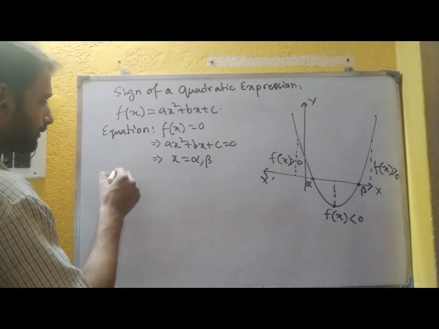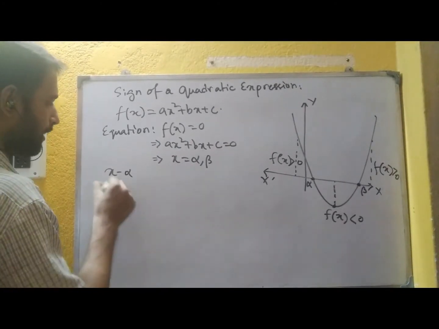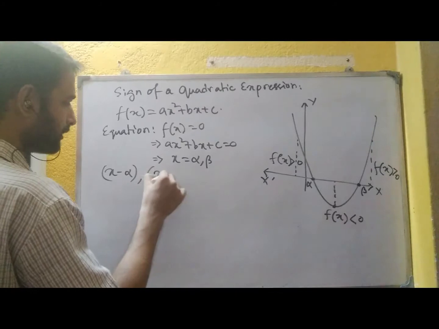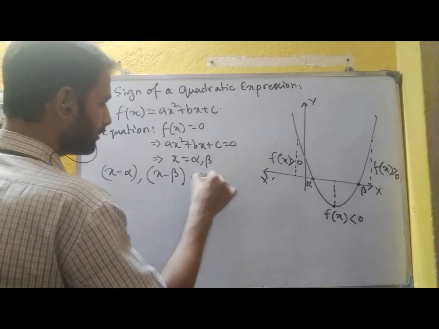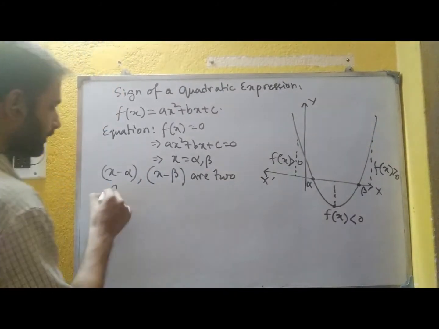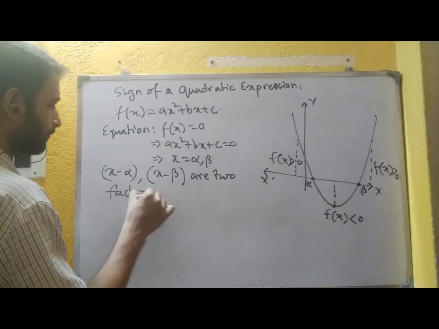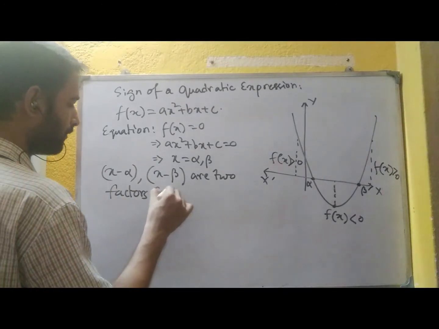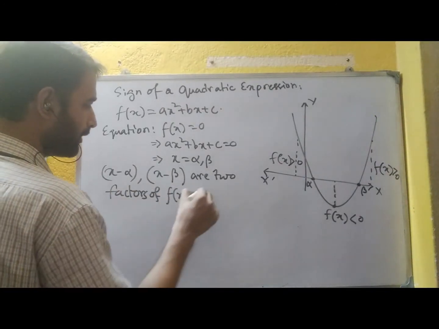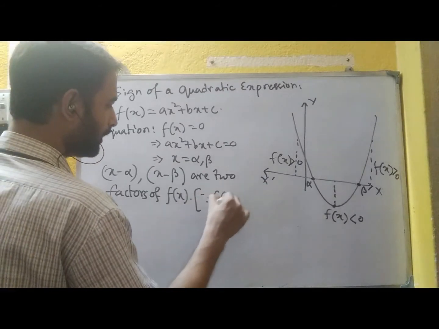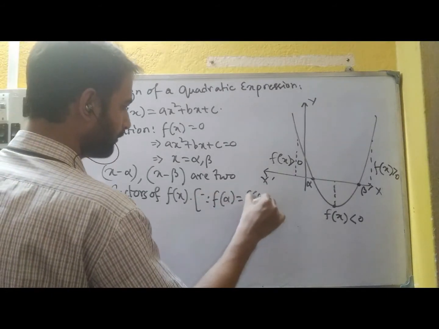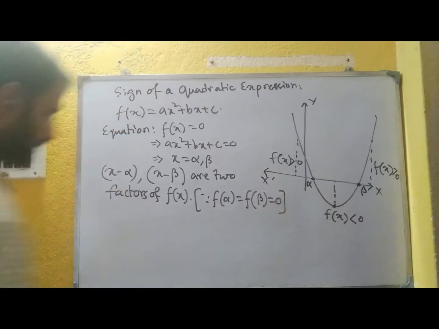So then we can say x minus alpha and x minus beta are two factors of f(x). Why? Because f of alpha and f of beta are 0.